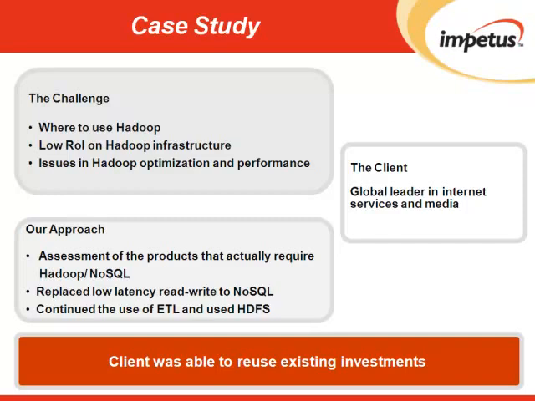The first case study that we are going to discuss today is of one of our clients, a leader in global internet services and media. Under pressure to sustain and grow in the competitive online advertising and media market, there was a push from top management to start using Hadoop.